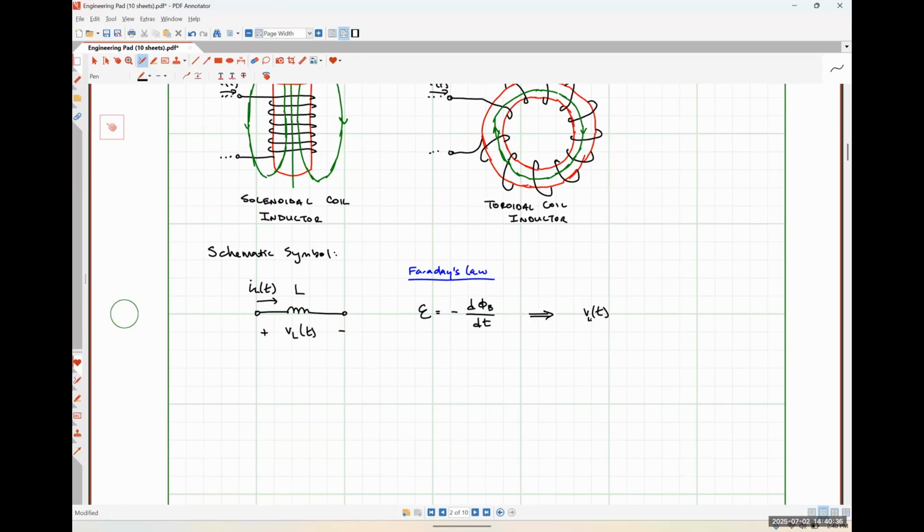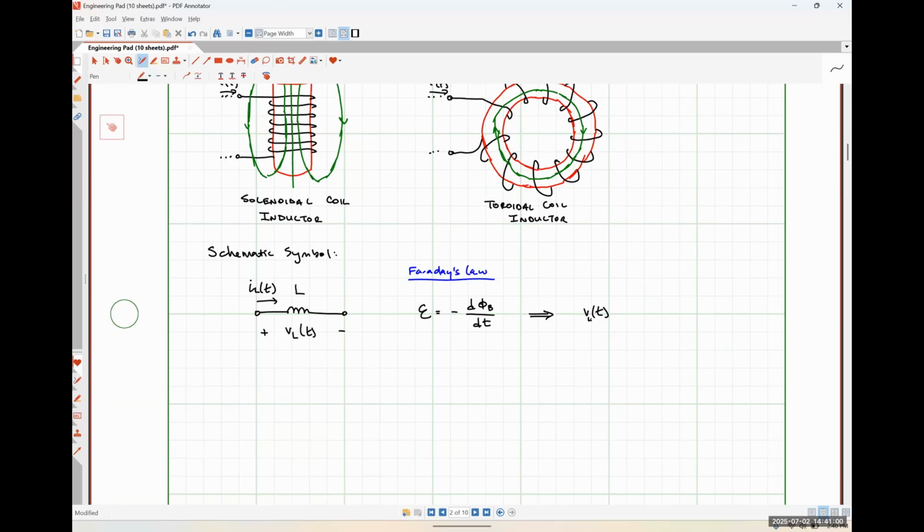Okay. So magnetic flux is just the total amount of magnetic field. So it's just magnetic field per unit area. Okay. So if we put a time varying current into our inductor, we will induce a time varying flux.